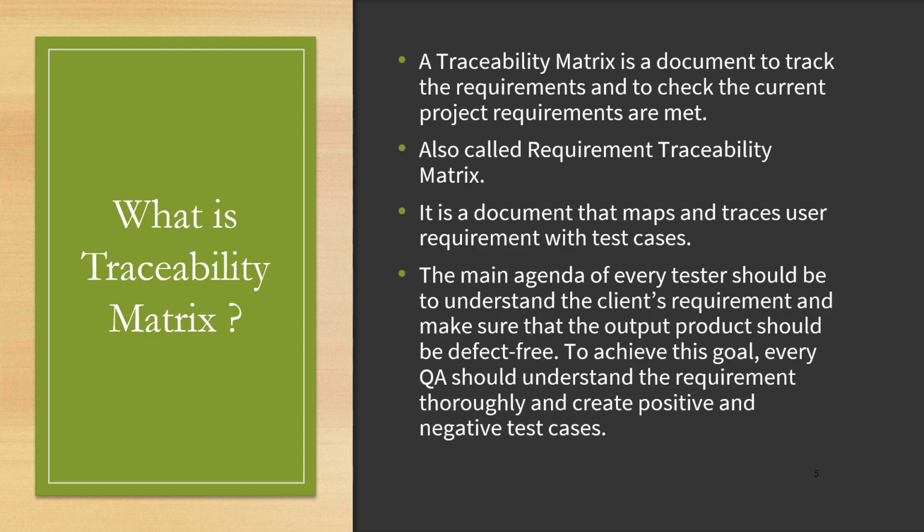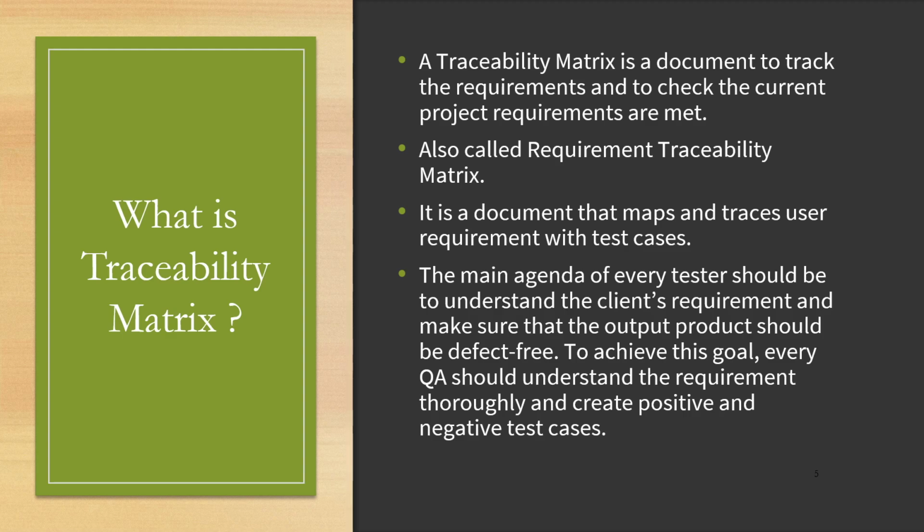A traceability matrix is a document to track the requirements and to check that the current project requirements are met. When the requirements are given, a lot of test cases are mapped to those requirements. A requirement traceability matrix is also called a traceability matrix. They might want to confuse you between the two, but it's the same document, which maps and traces user requirements with the test cases.